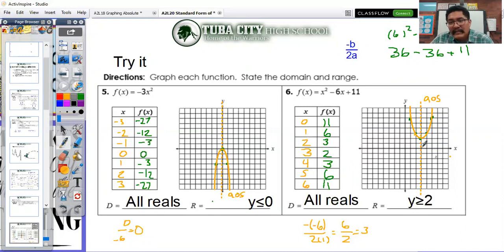But I cannot pick anything below 2 because this table does not let me go lower than 2. So I can't plug in anything in x to my original function that would give me a value less than 2. I can only get numbers greater than or equal to 2, but I can't get numbers less than 2.